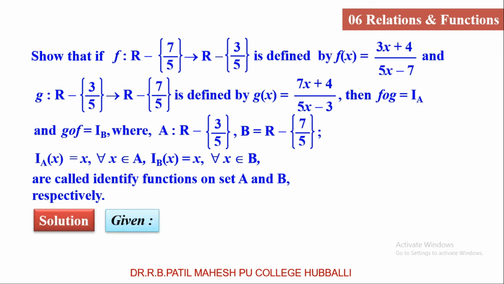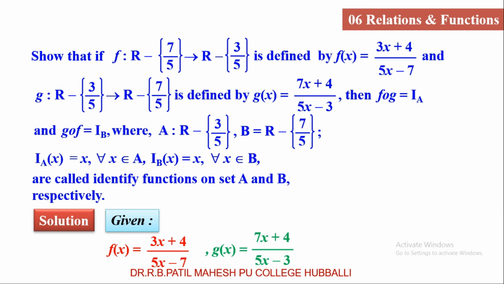Let me take given f of x is 3x plus 4 upon 5x minus 7 and g of x is 7x plus 4 upon 5x minus 3. I will solve this in detail, students. So please concentrate while watching this video, because here functions are different. I have to prove f composition g is identity function, g composition f is also identity function.